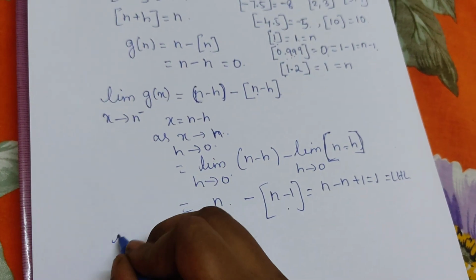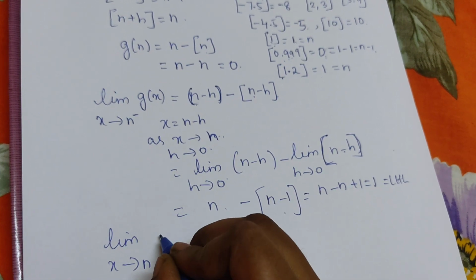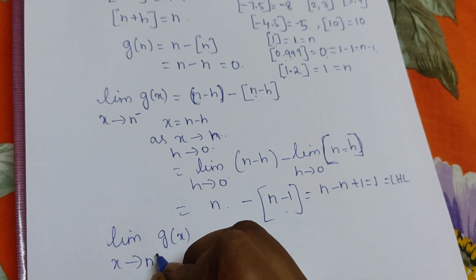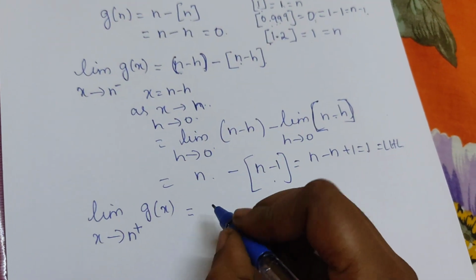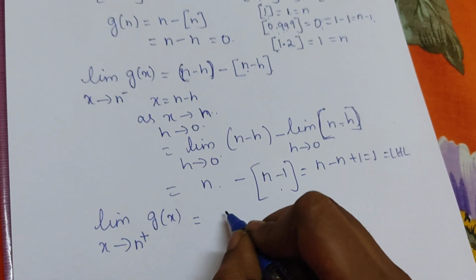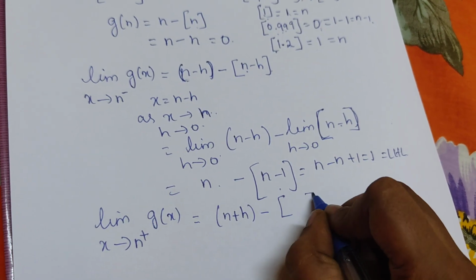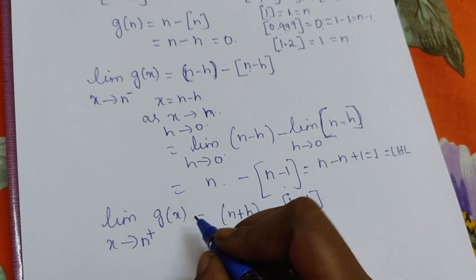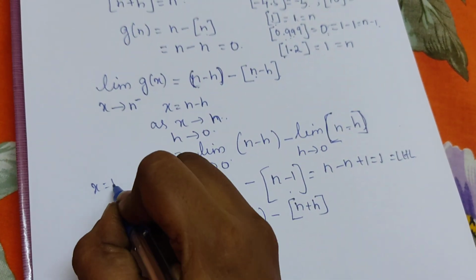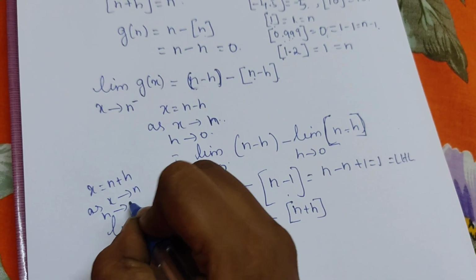Now we will take the right hand limit, the limit of g of x as x tends to n from the right hand neighborhood. In the right hand neighborhood, we will have n plus h, so n plus h minus box n plus h. Now we apply the limit when x is equal to n plus h, as x tends to n, h tends to 0.